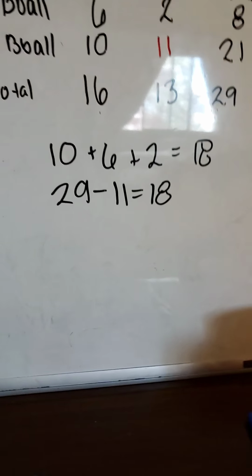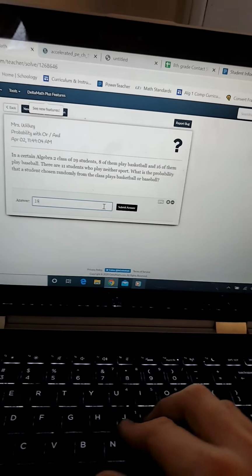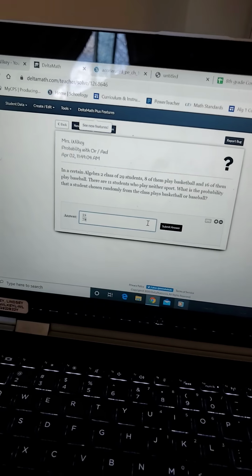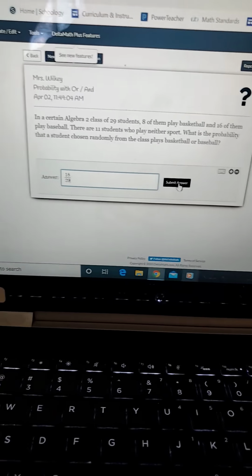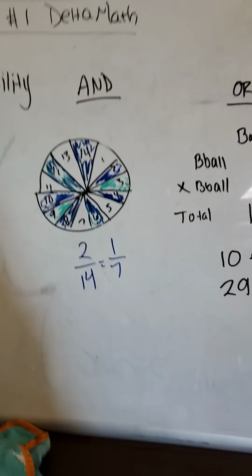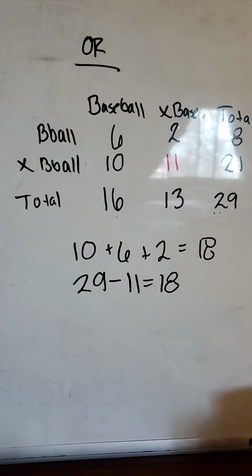All right, so 18. But 18 is not our answer because 18 is not a number between 0 and 1, right? 18 out of 29 is our answer because there's 29 students in the class. Okay, submit. Yes, good.